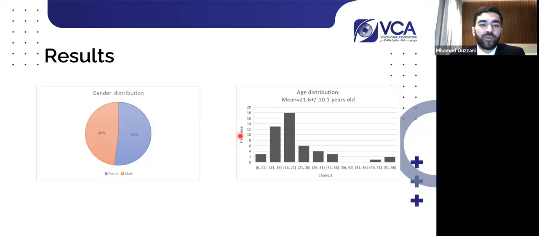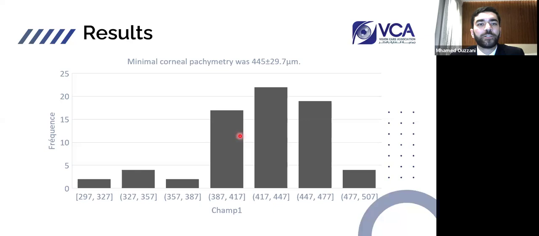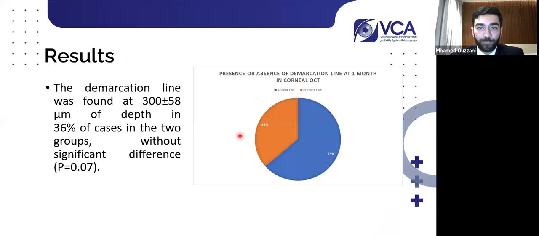In our group, 52% were females, and the mean age was 21.6 years. You can see the distribution of age. The minimal corneal pachymetry was 445 microns, of course divided into several groups. We had some less than 400 and others more than 400.